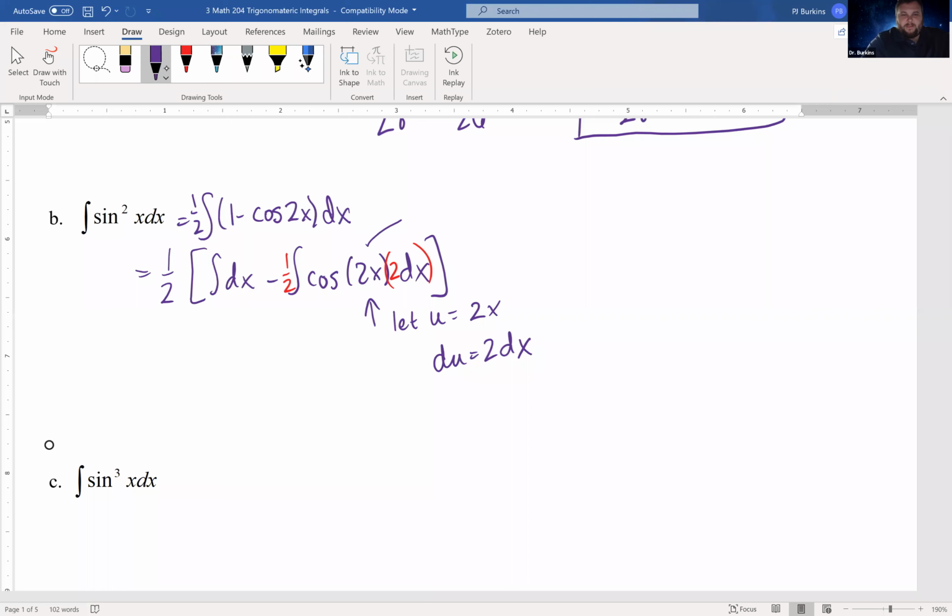So this integral would be cosine u du, and the integral of cosine is going to give us sine. Then replace u.